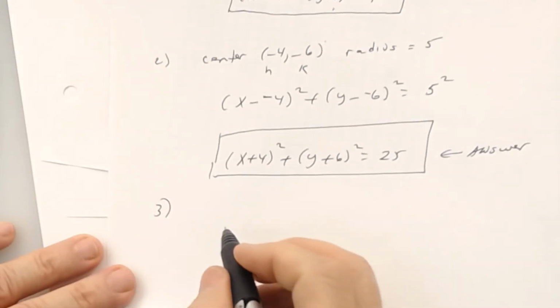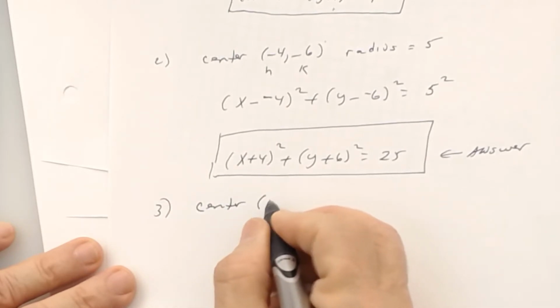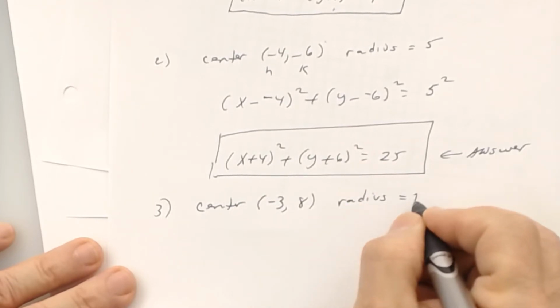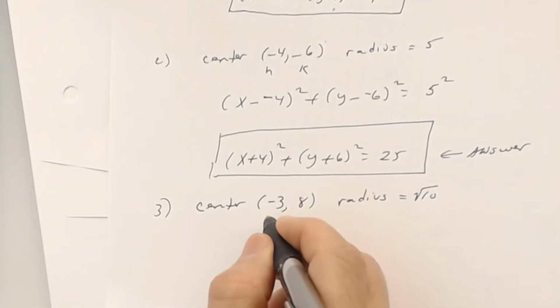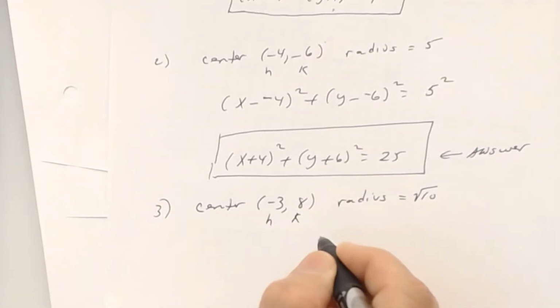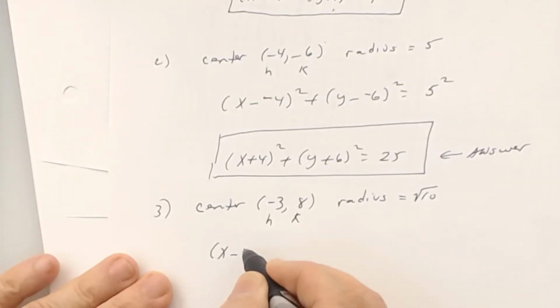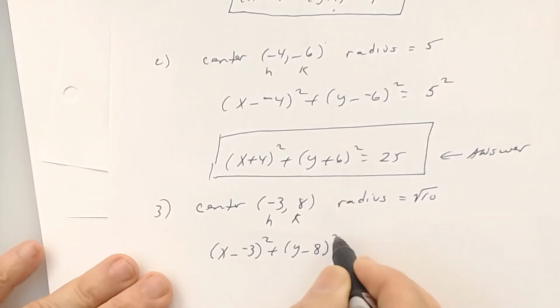Number 3. Suppose this time you're told that the center is (-3, 8) and the radius is the square root of 10. All right, again, what does the -3 represent? h, and k is 8, right? So just plug into the formula. So I get (x minus -3) squared plus (y minus 8) squared equals the radius.